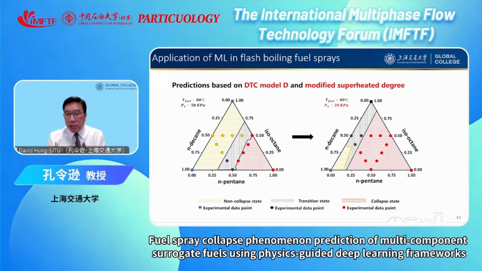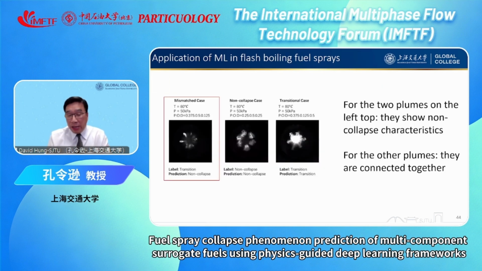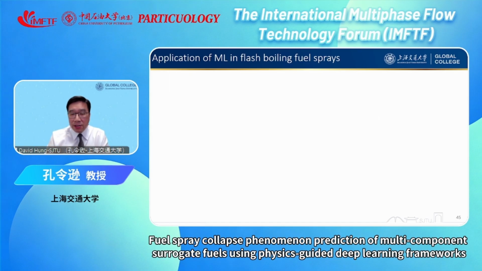You would expect to see a lot more flash boiling spray. Of course, sometimes there's mismatch. For example, in this case, we expect it to be transition, but it turned out to be non-collapse, which is something that we expect because it's the plume structure that actually confuses the code, how that can be classified.